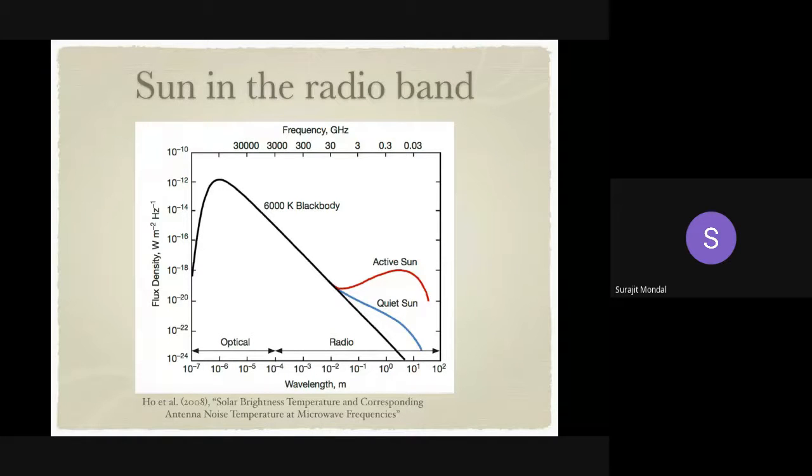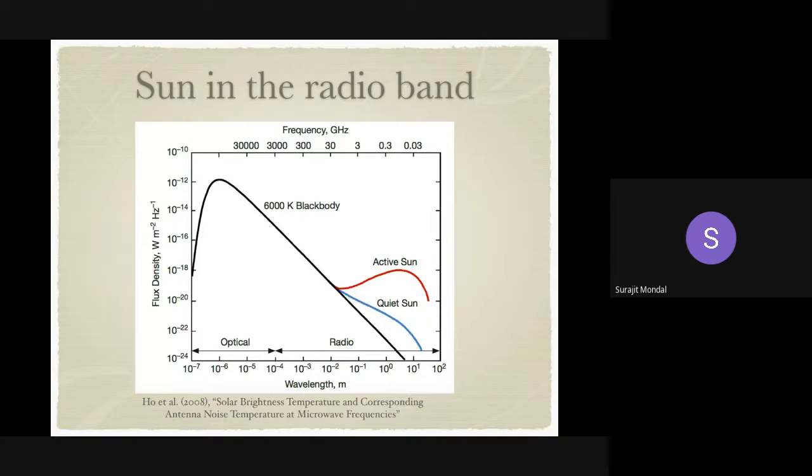In the optical, the sun more or less behaves like a black body with a temperature of the order of 5800 Kelvin. Of course, there are some absorption lines which I'm ignoring for now. But in the radio band, the flux is much higher than that expected from a 6000 Kelvin black body. In fact, if you convert these fluxes to temperature, the quiet sun will lie on a black body whose temperature is 1 million Kelvin.